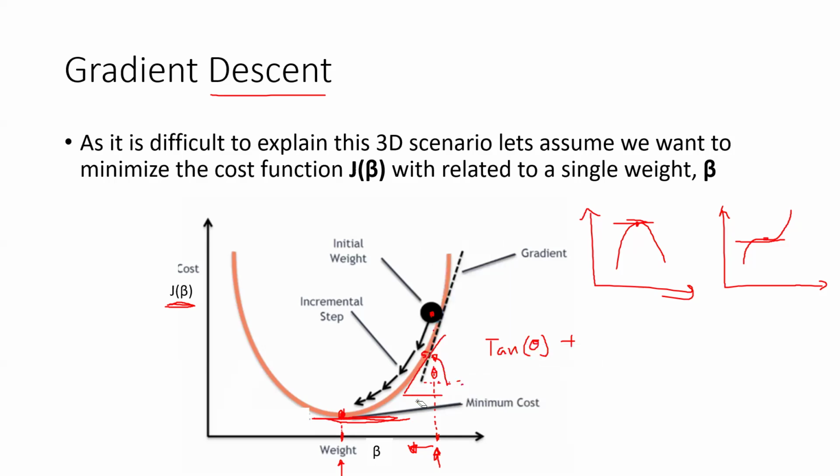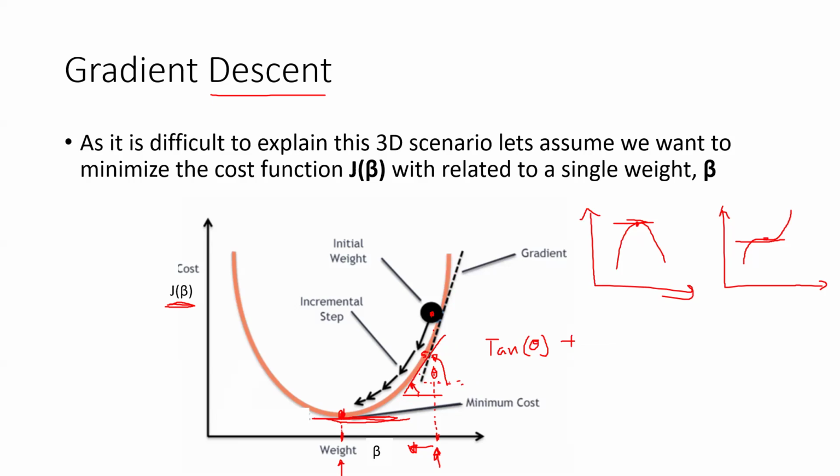Let me erase it. This is the angle. Now the angle is a bit lesser than the earlier gradient value, or the tangent is a bit lesser, but still it is greater than 0.